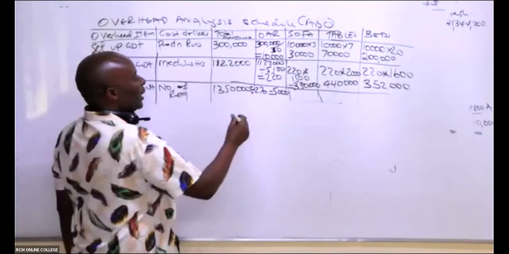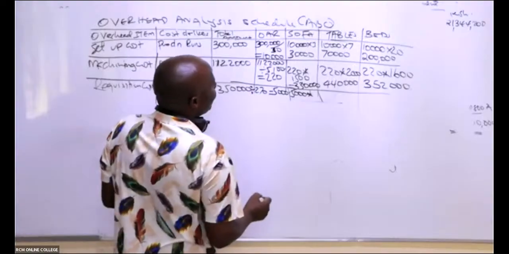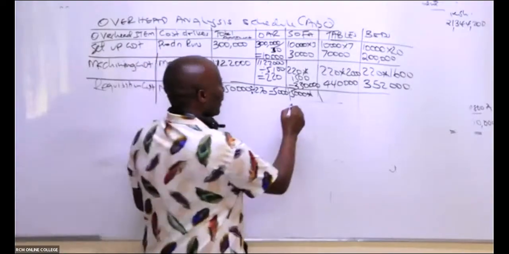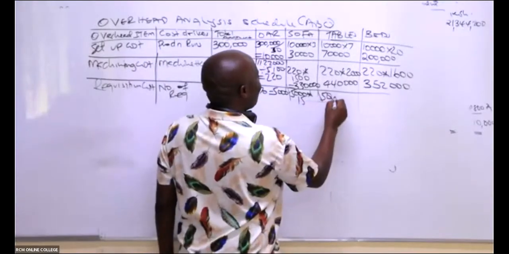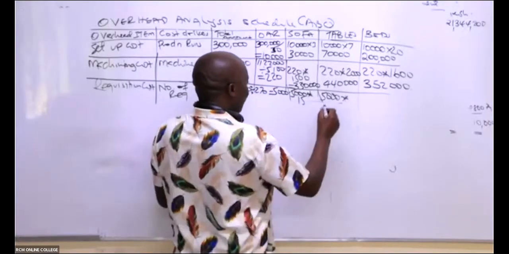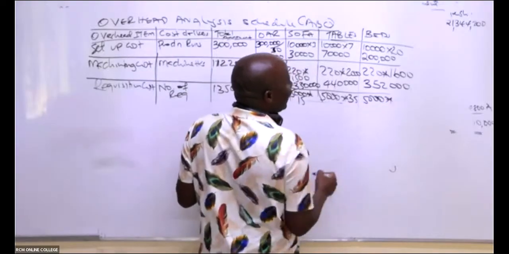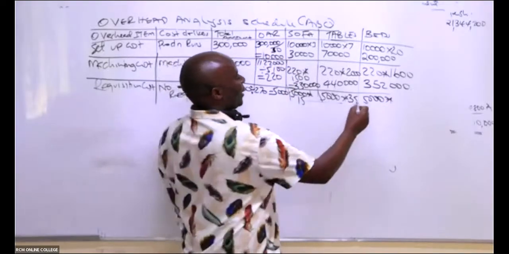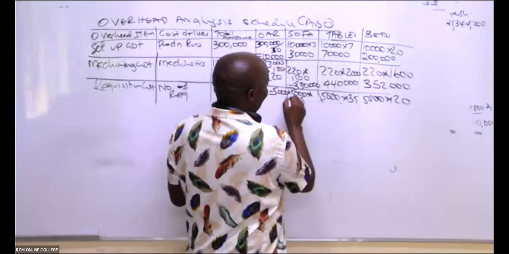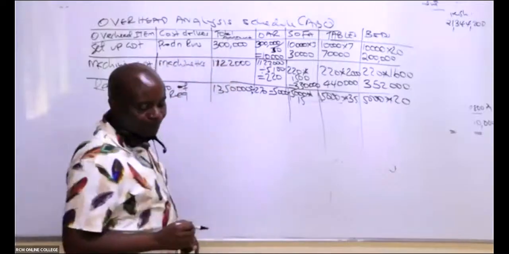So this will be 5,000 times how many requisitions for the sofas? 15. 5,000 times how many for tables? 35. 5,000 times how many for beds? 20. Please give me these values very fast.